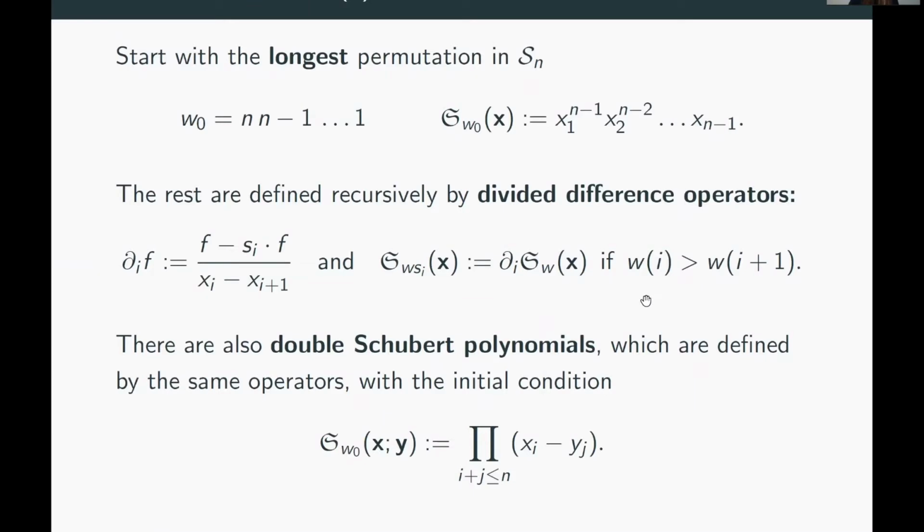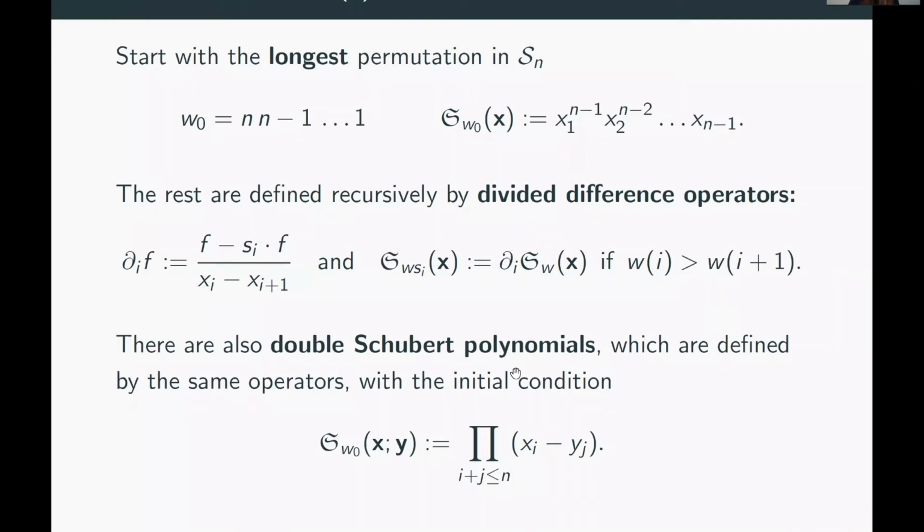I'm not going to go much into the details for time, but it's a very recursive thing where you keep hitting these polynomials with these operators whenever you see a descent in your permutation. You're essentially working your way down in weak Bruhat order from the top all the way down to the identity, where the Schubert polynomial is just 1.